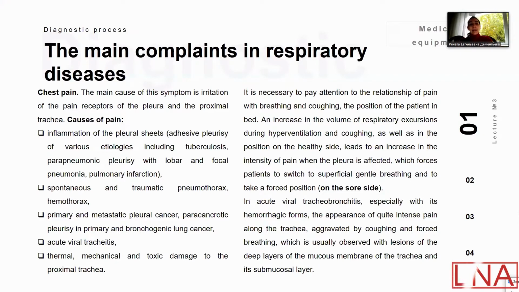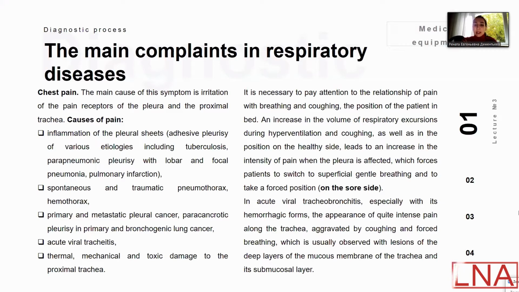We discussed first the position of the patient with bronchial asthma as a bronchoobstructive syndrome, then the position of the patient with unilateral lung disease and with dry pleurisy.